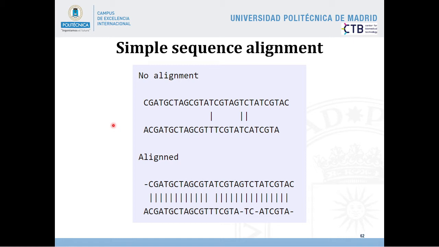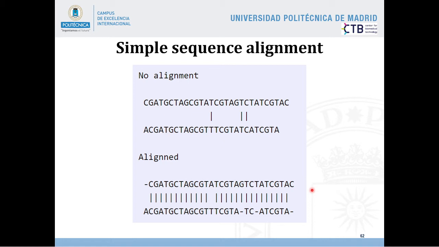But if we move one string to the right and the other one to the left, we almost align every nucleotide. So the first step that in biology we usually take to compare two sequences is to align them.